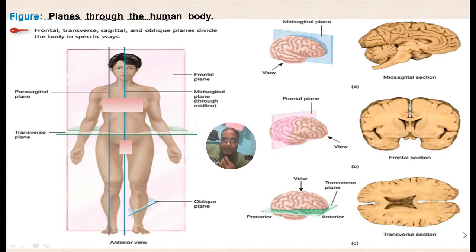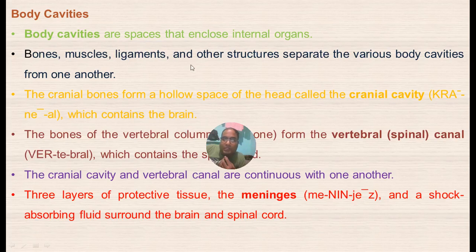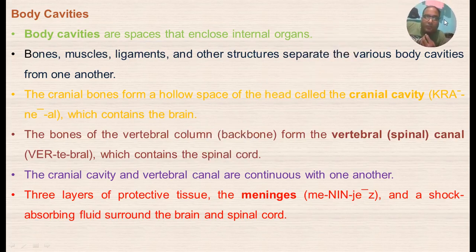So now we will talk about body cavities. These were the positions and directional terms. Now we are going to talk about body cavities. There are cavity spaces, empty spaces, fluid spaces which are present inside the body, which are called body cavities.